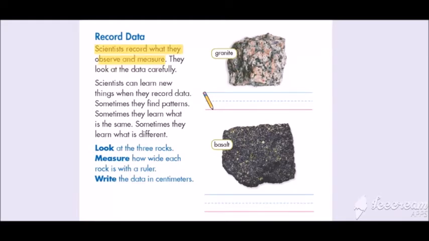So how do scientists learn new things? Of course, they record data. This is number one. They find some patterns. They find how things go. And sometimes they learn what is the same and what is different. So they can compare and contrast.